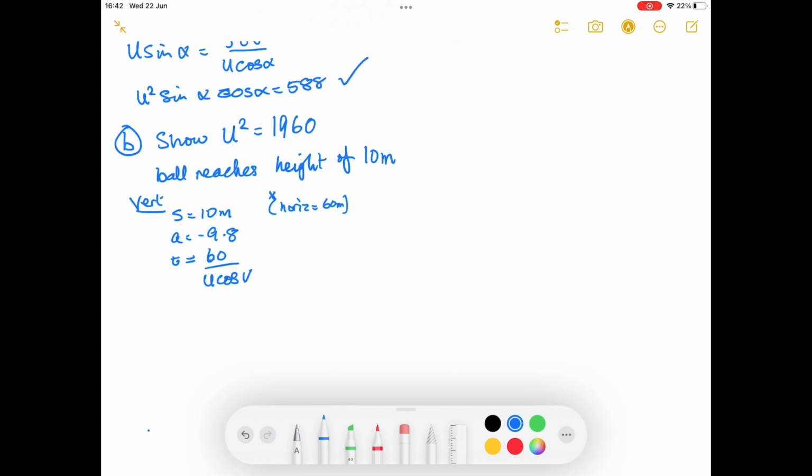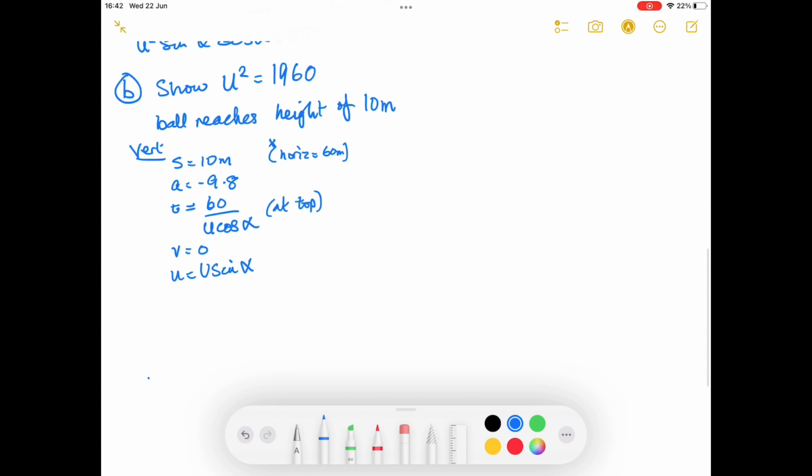Right, so easily mistaken. And you've got a u as well. v equals 0, yes, you know that, and u equals u sine alpha. So v equals 0 at the top, basically stopped for an instant. So you can use a v squared equation: v squared equals u squared plus 2as.